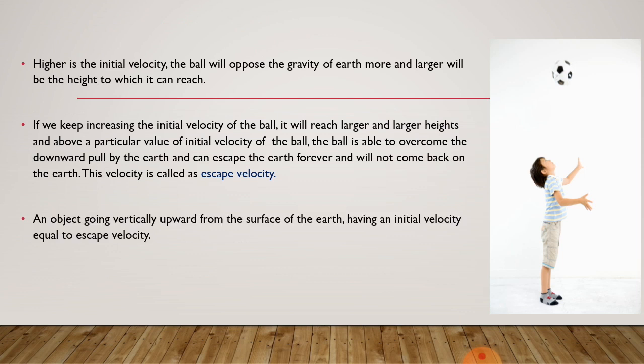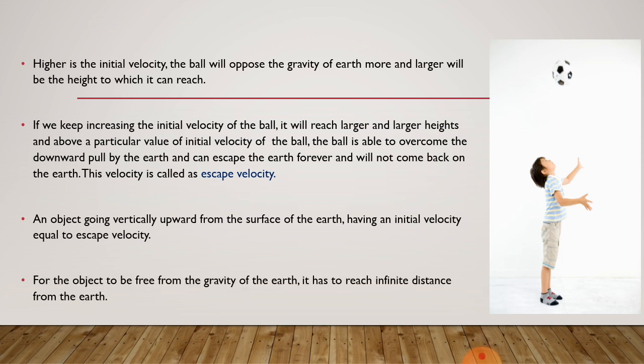An object going vertically upward from the surface of the earth has an initial velocity equal to the escape velocity. For the object to be free from the gravity of the earth, it has to reach an infinite distance from the earth.